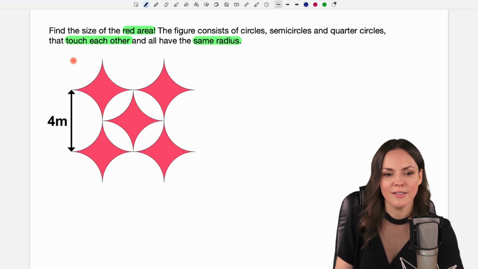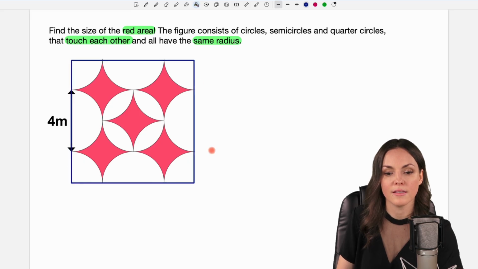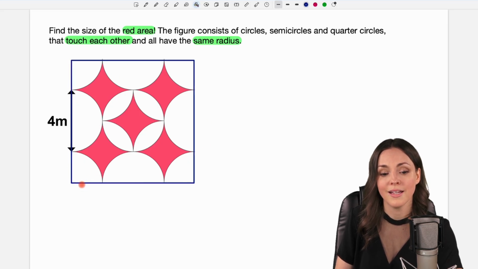We can take a look at this rectangle here around our figure, because this is not just any rectangle, this is a square. Because we have a quarter circle, semicircle, quarter circle, and the same here, we can find the length of this side in total.